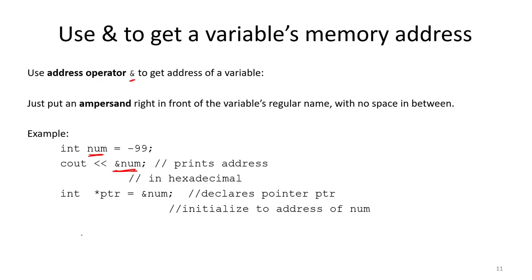If I want to declare a pointer and make that pointer hold the address of num, I can write int star ptr equals ampersand num.